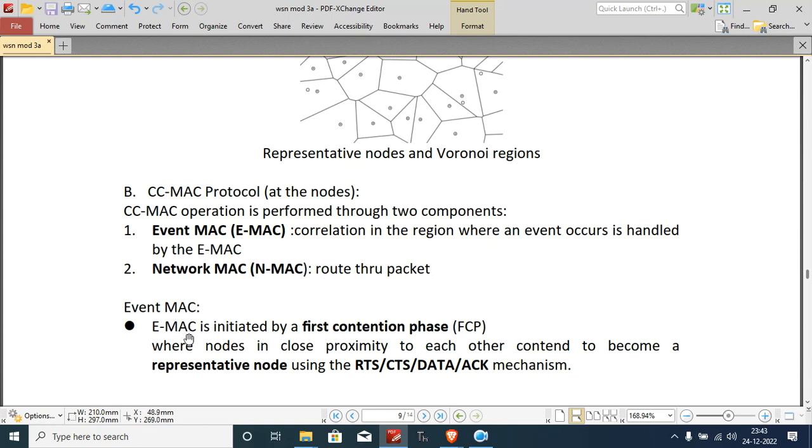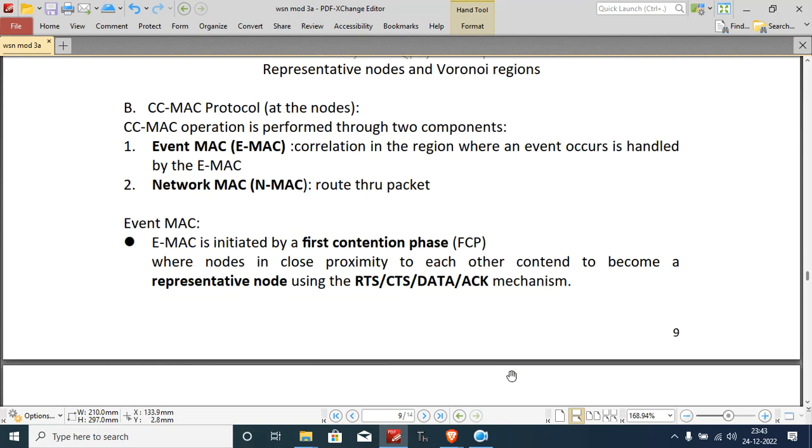Event MAC is initiated by the first contention phase, abbreviated as FCP, where nodes in close proximity to each other contend to become a representative node using a four-way handshaking signal.